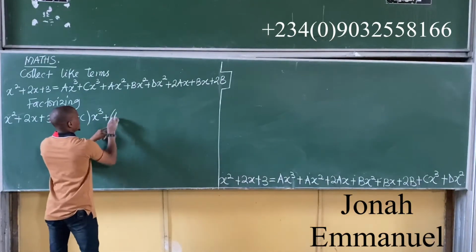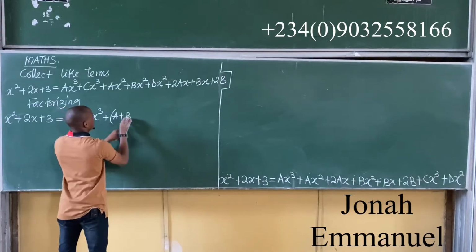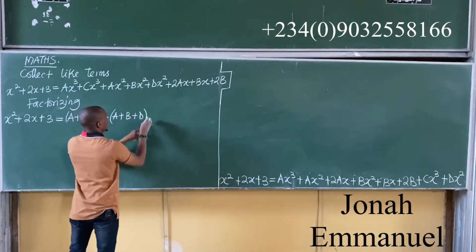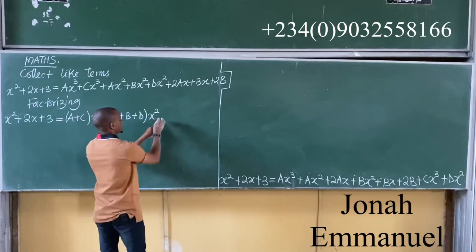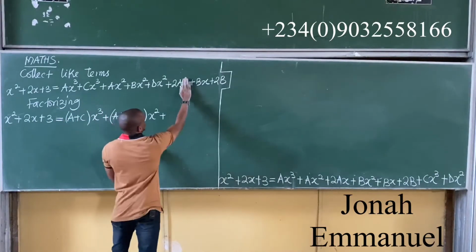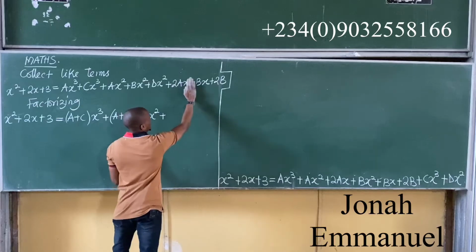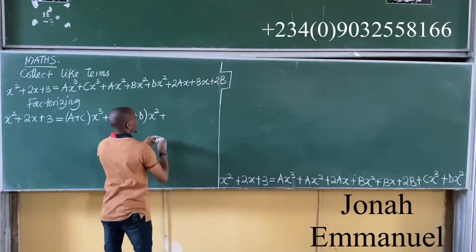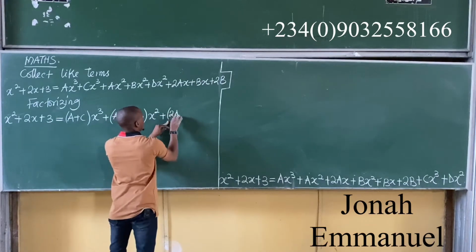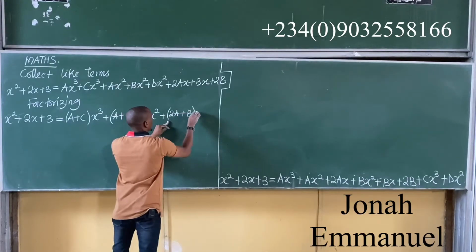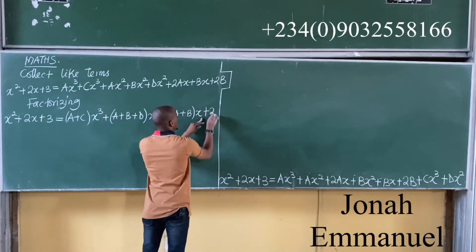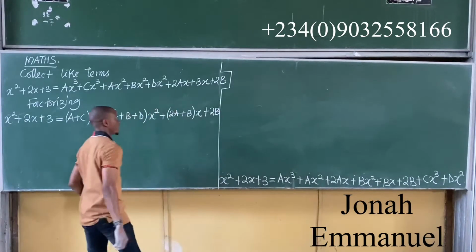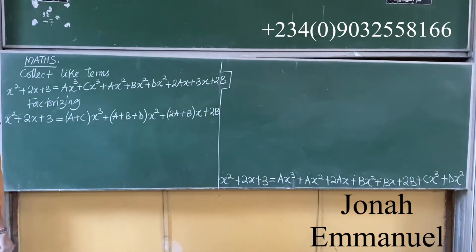That gives you a plus b plus d all into x squared. Then take out x: here you have 2a, here you have b. So plus 2a plus b all into x. Finally, plus 2b.